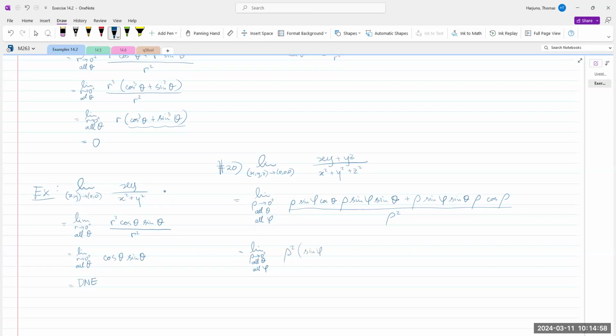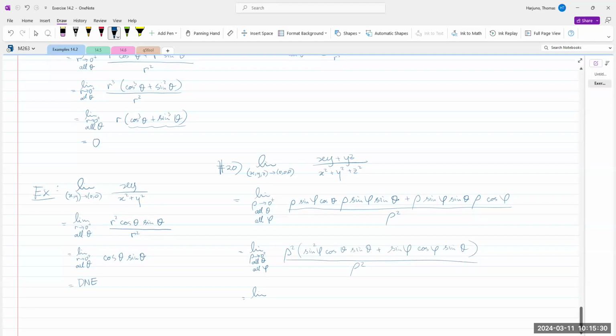Sine squared phi cosine theta sine theta plus sine phi, sorry, this should be cosine phi, sine phi cosine phi sine theta, over rho squared, right?